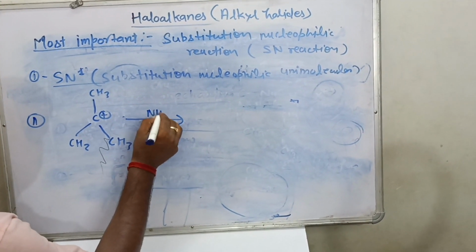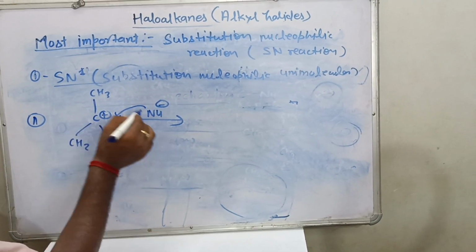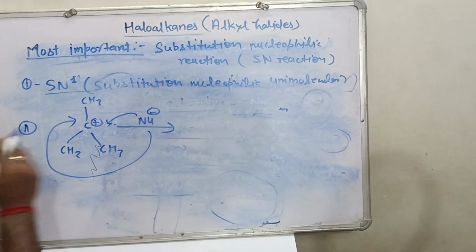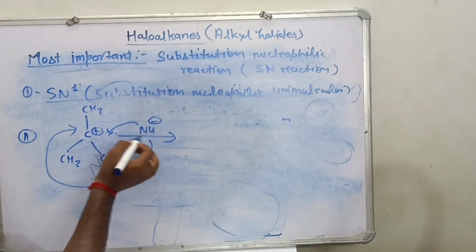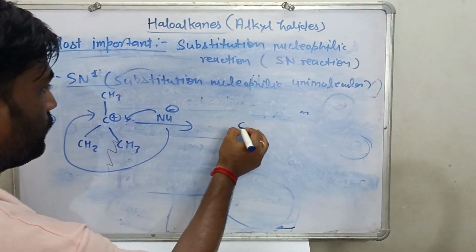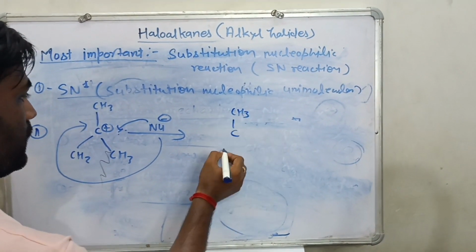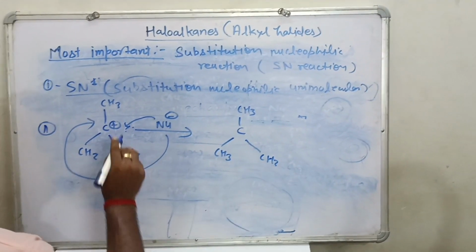Attack of the nucleophile is possible from the front side and also from the back side. This is a trigonal planar system, so two types of product are possible based on the geometry of the carbocation.